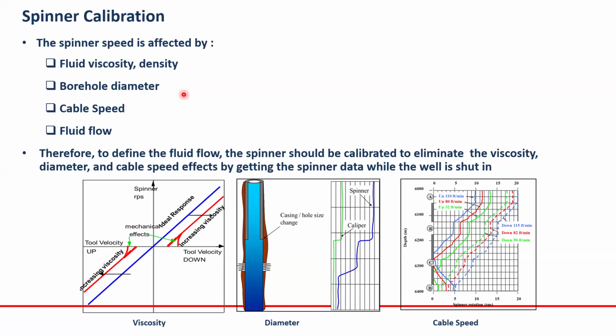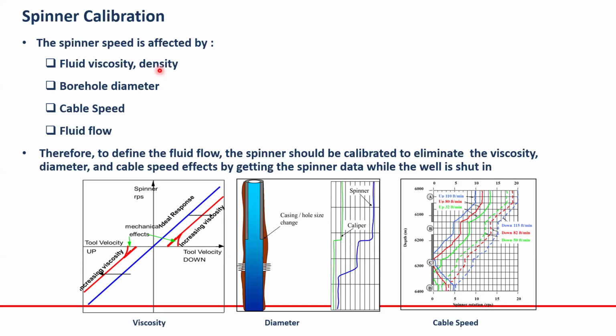If the well is shut in with no flow and you run in hole, the spinner will move because of the speed of the cable. Also, if you have different viscosities, the spinner will move with different speeds. So the cable speed, the fluid viscosity and density also affect the velocity of the spinner.